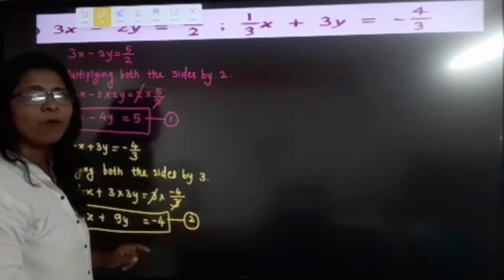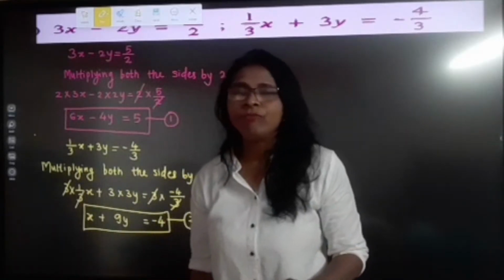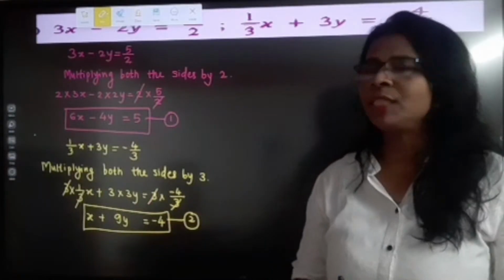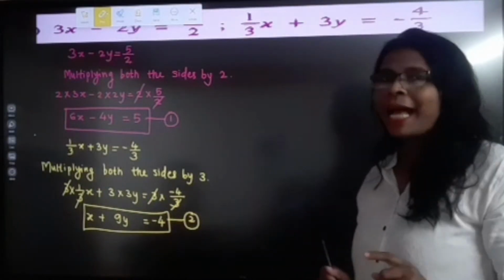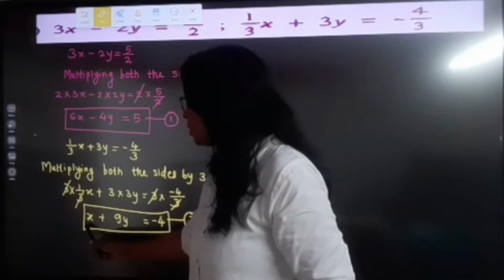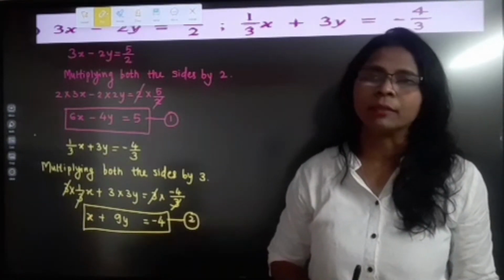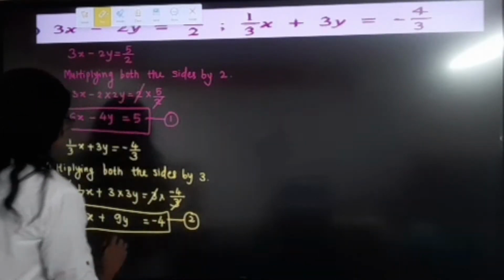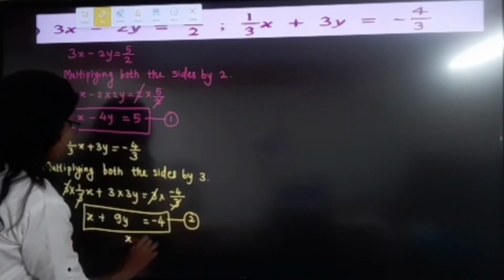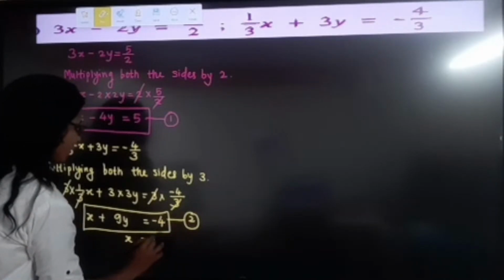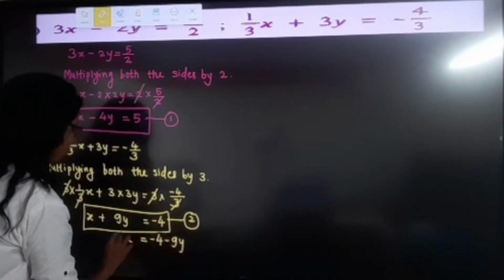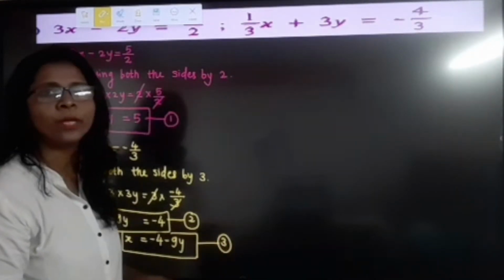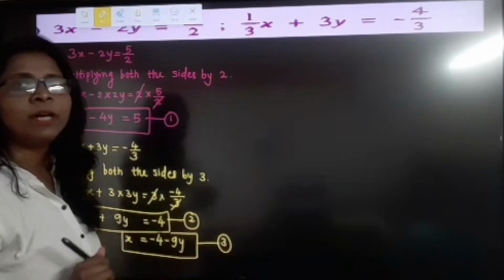Okay students, now by which method do we have to solve these two equations? Very easy question, very easy method. Here, by the substitution method, that will be the easiest method. So I write here x is equal to minus 4 minus 9y. Call this equation the third equation.